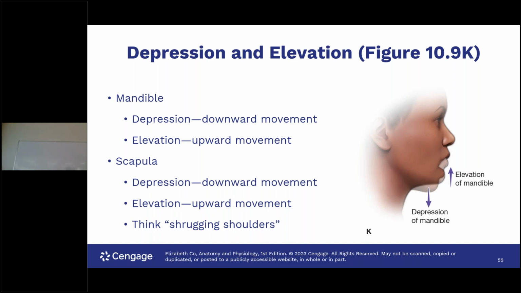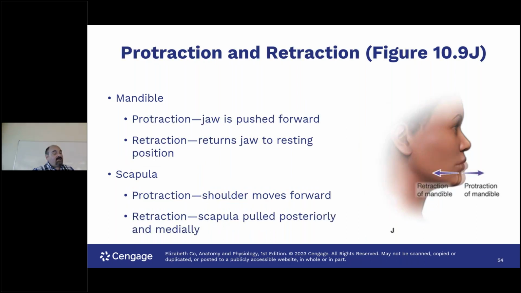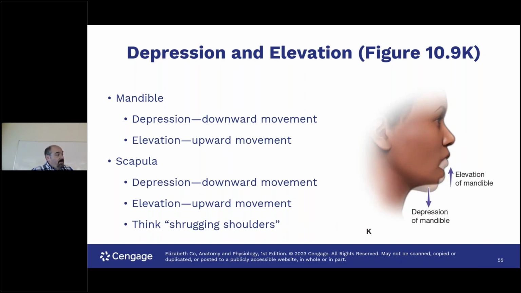Elevate the scapula, depress the scapula. What do you think would assist in the elevation of the scapula? Levator scapulae. You saw that today in the lab. Depressing the mandible, elevating the mandible also. So mandible and scapula for protraction, retraction, depression, elevation.